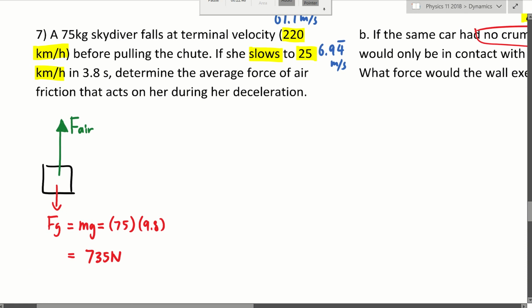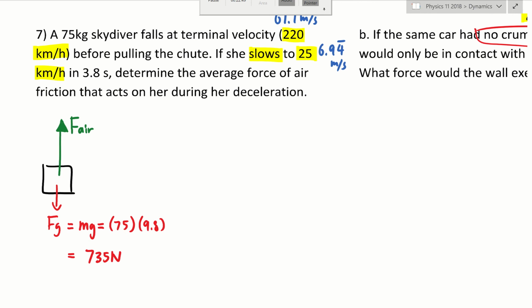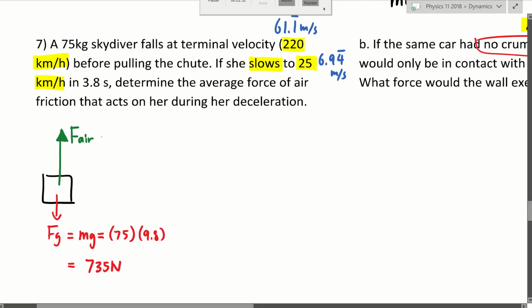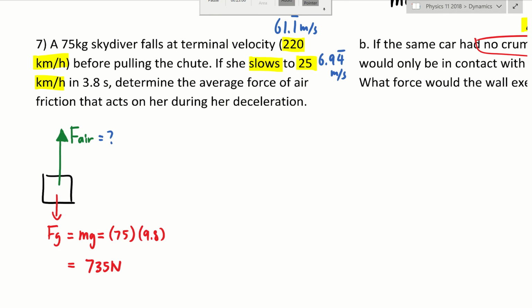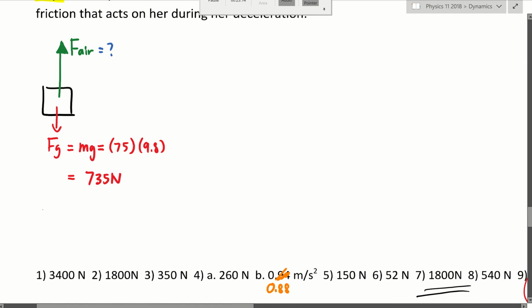Now, what else is on there? If I read the question, I have no idea what the air resistance is. The average force of air friction is exactly what we want to find, but I have no idea what that is. So how do I approach this question? Right now, at this moment, you're actually stuck. So we will leave this space and use the bottom to write this. Right now, I can say the net force on this object is, because you're slowing down, the air resistance is greater than the force of gravity, so you should subtract them.